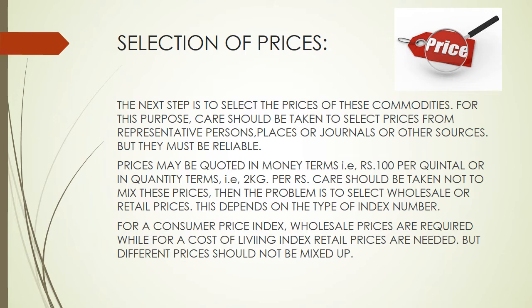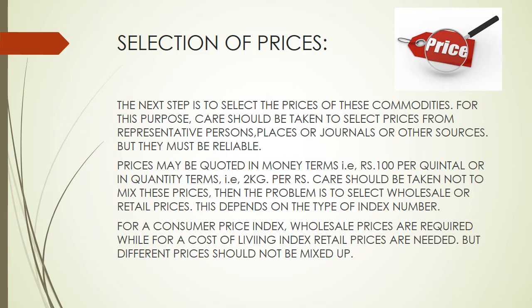Care should be taken not to mix these prices. Then the problem is to select wholesale or retail prices. This depends on the type of index number. For wholesale price index, wholesale prices are required, while for a cost of living index, retail prices are needed. But different prices should not be mixed up.